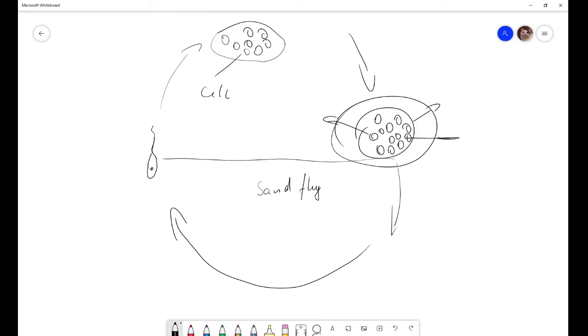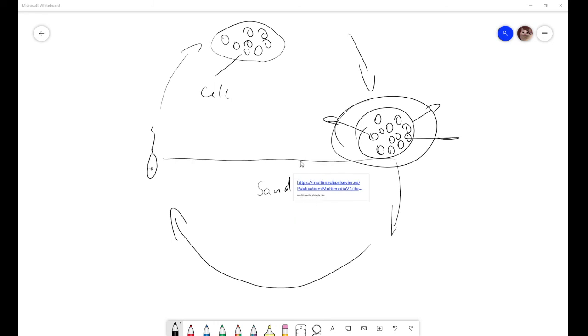What is the pathogenicity? When an infective female sand fly bites man, it inoculates the promastigotes, which become transformed into amastigotes. A local leishmanioma at the site of the bite appears as a small papule. How does it look? It looks like that.